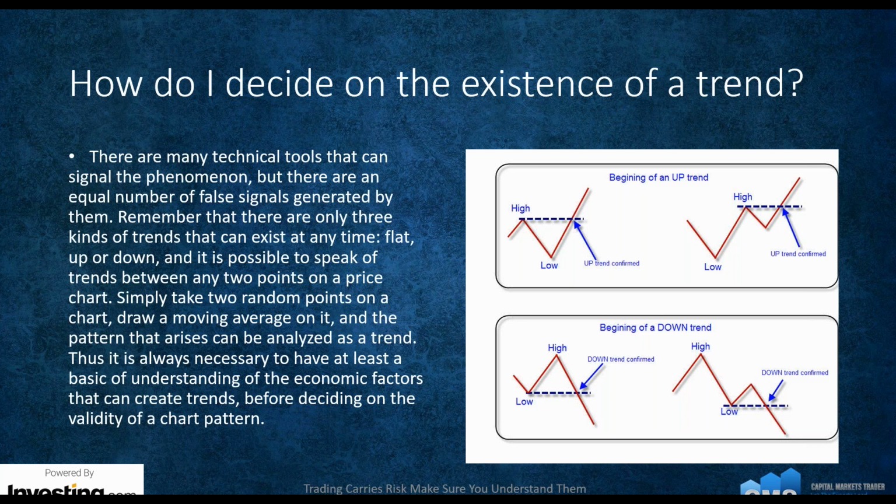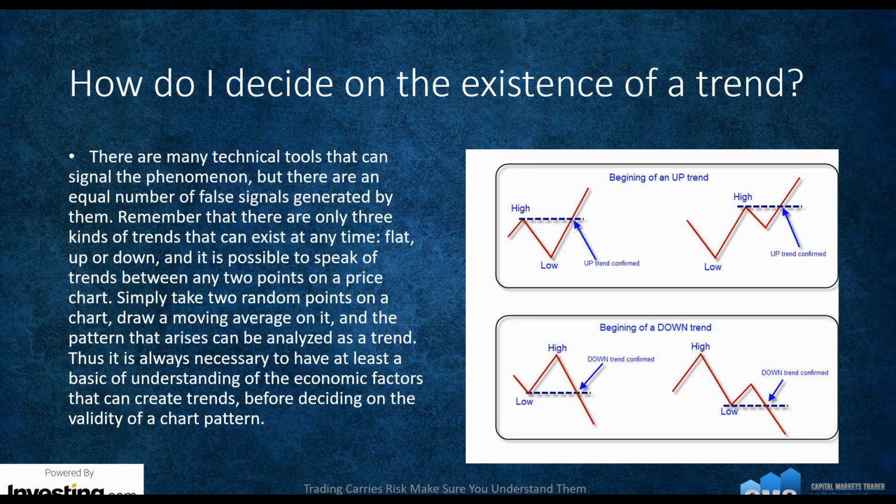So how do I decide the existence of a trend? There are many technical tools that can signify the phenomenon, but there are equal number of false signals generated by them. Remember that there are only three kinds of trends that exist at any time: flat, up, or down. And it's possible to speak of trends between any 2 points on a price chart.